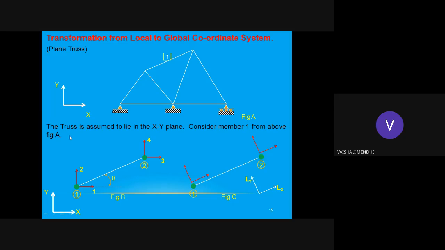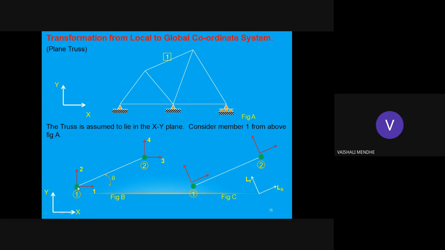So here the truss is assumed to lie in the xy plane. Consider member 1 from above figure A. You can see this is the first figure, figure A, and here you can see figure B and figure C. This is member 1, and I will consider this node 1, you can see in the circle.